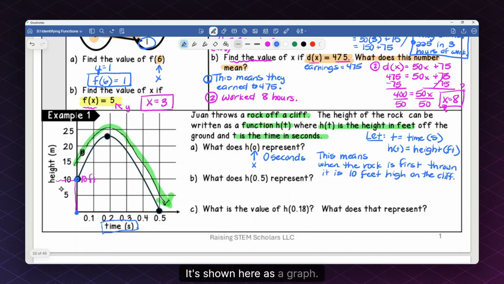It's shown here as a graph. We can see that that is 10 feet off the ground. That's where it's starting. All right, so what does this h of 0.5 mean?